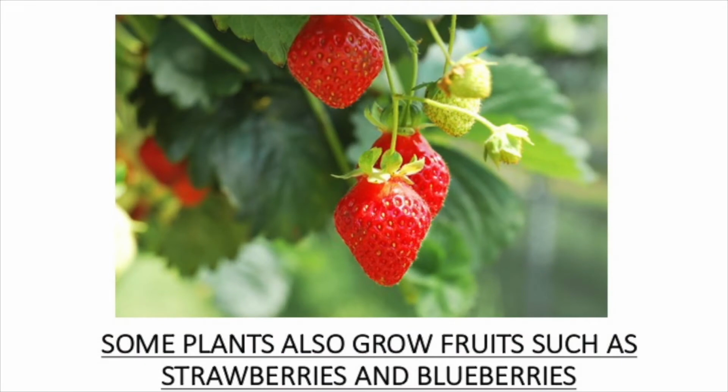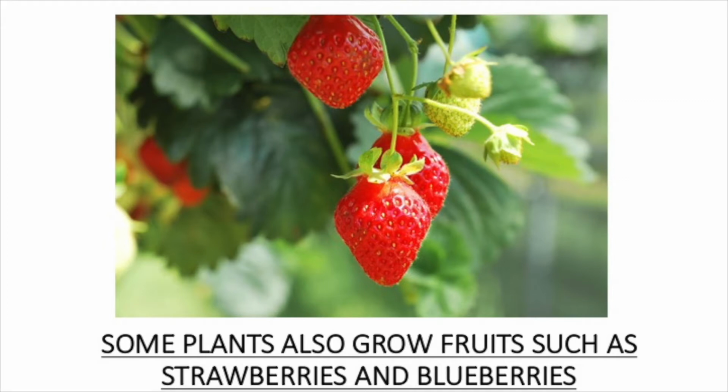Some plants also grow fruits, such as strawberries and blueberries. Yes, a little clue for you. If you hear the name of a fruit and it ends in berry, it means it comes from a plant.